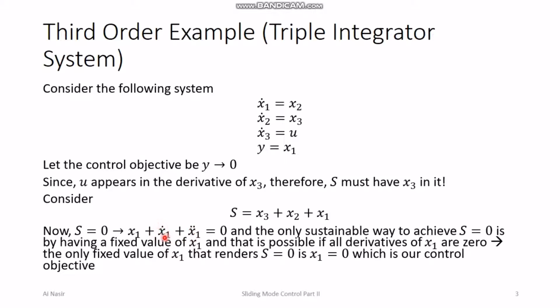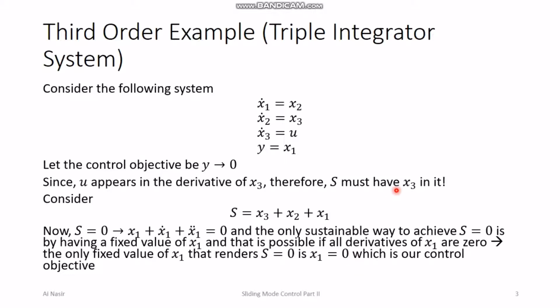If this is not 0, then x1 will keep on changing, and that will refrain S from being 0 sustainably. And if this is non-zero, then the rate of change of x1 is itself changing, which in turn will change x1. So the only way to render S equal to 0 is to have x1 equal to 0 and the derivatives of x1 to be 0 as well.